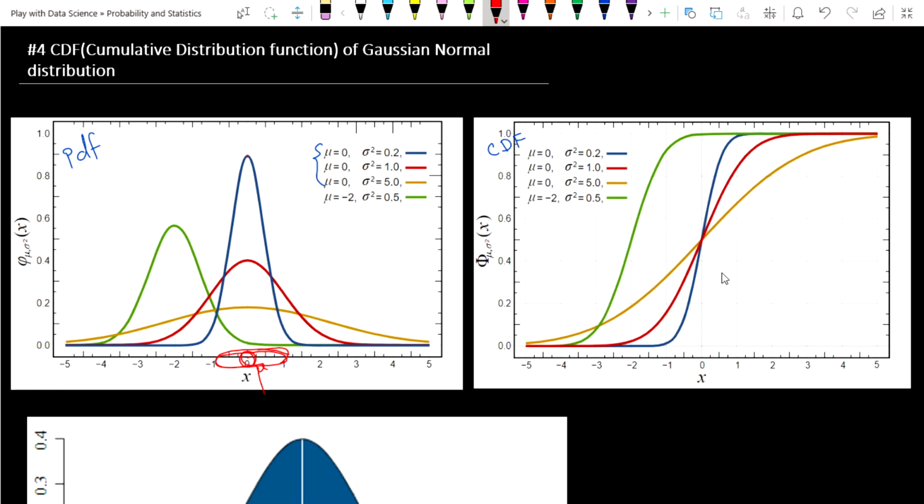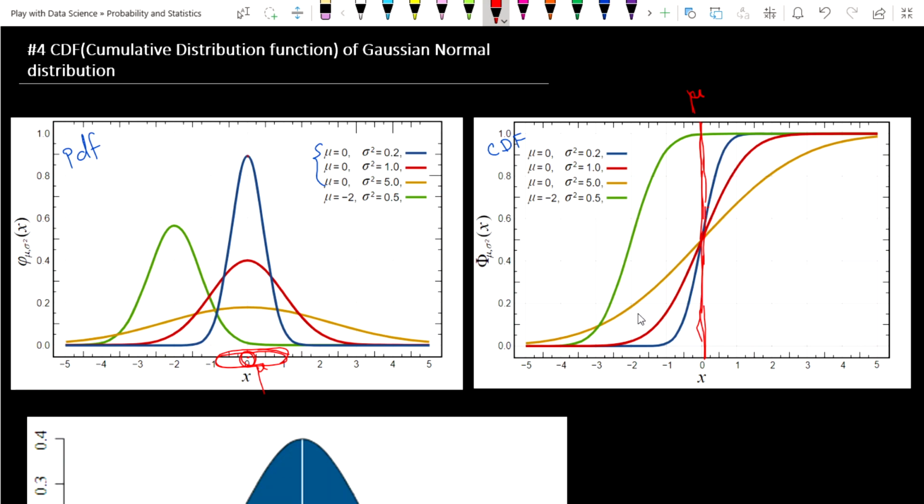Now if you draw the line x equals mu, for the first three curves the mean is equal to mu. Look at the cumulative distribution graph, both on the left side as well as on the right side.